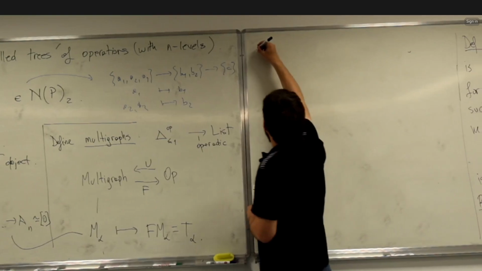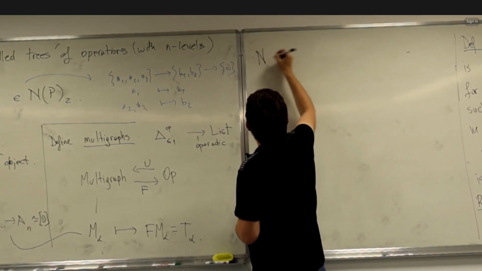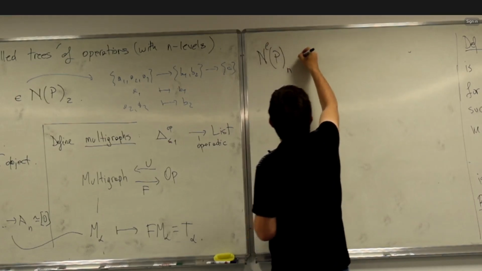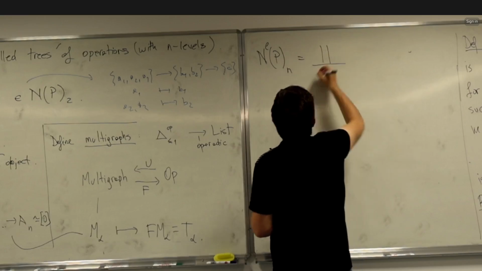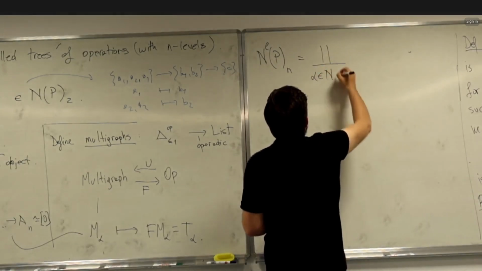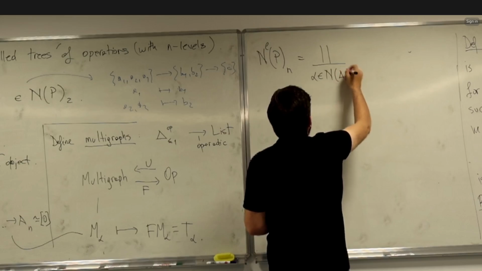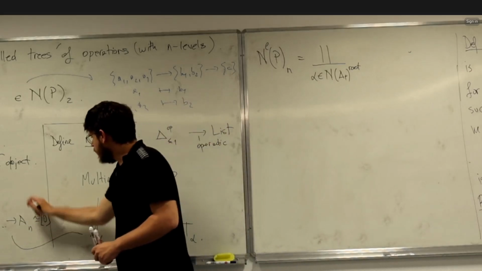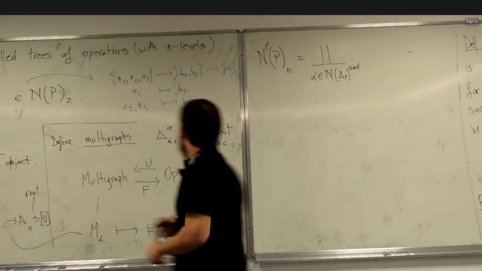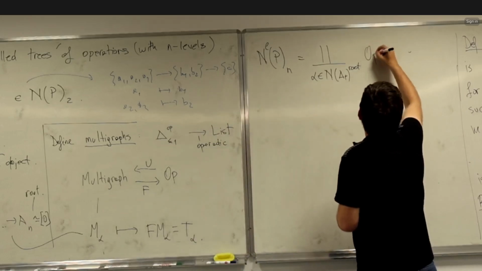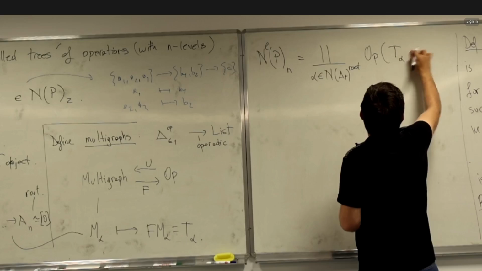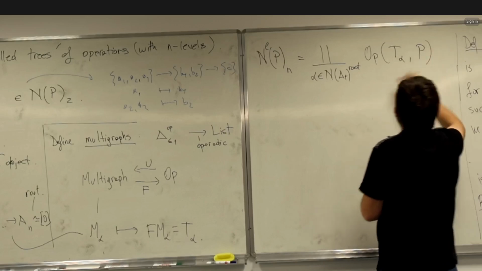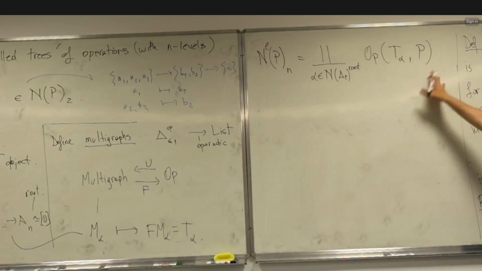So basically I define the list nerve of P and simplices to be: you take nerve delta plus something called rooted, which means this condition, whatever. And then I hit my operad with these trees of operations, and you define n simplices like this.